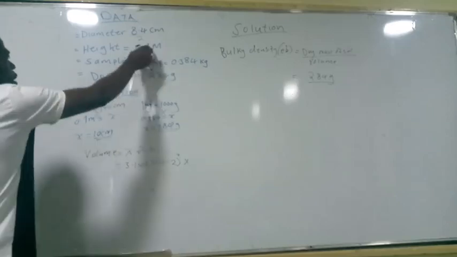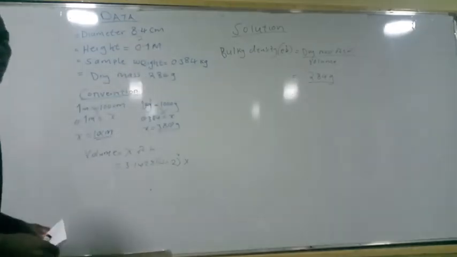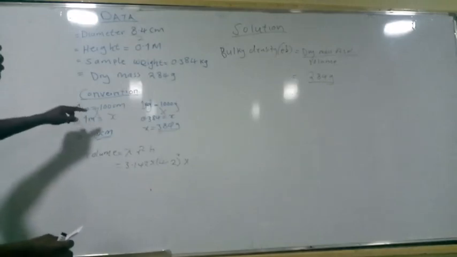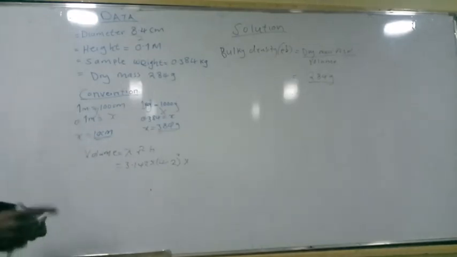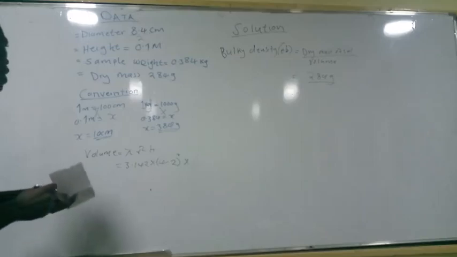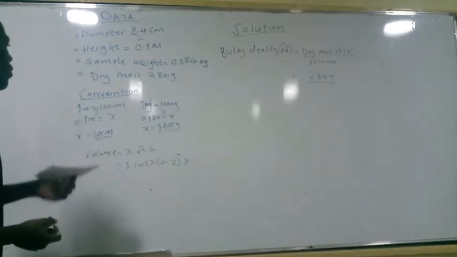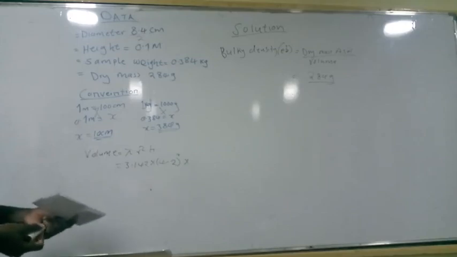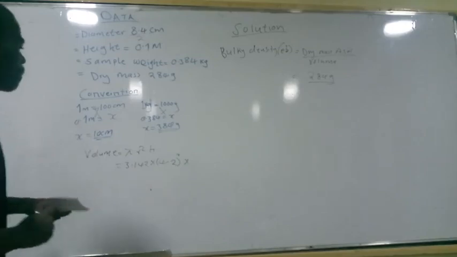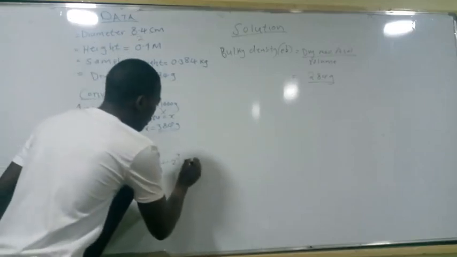And the height is in meters, and you have to convert it to centimeters. And you know that 1 meter is equivalent to 100 centimeters. What about 0.1 meters? We don't know. So when you multiply by 100, we are going to get 10 centimeters.